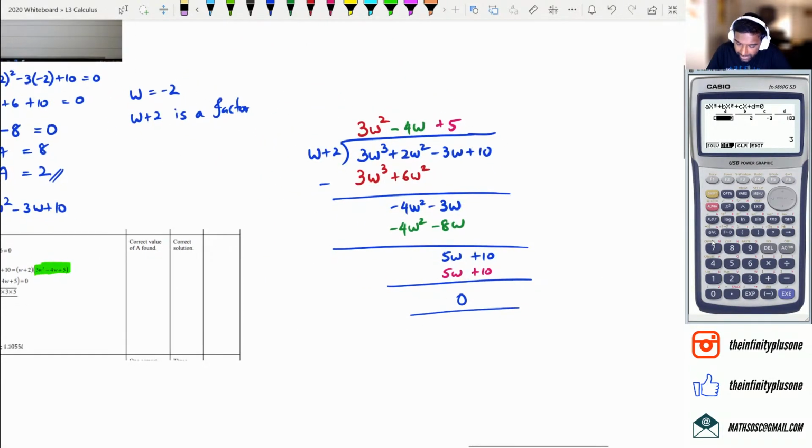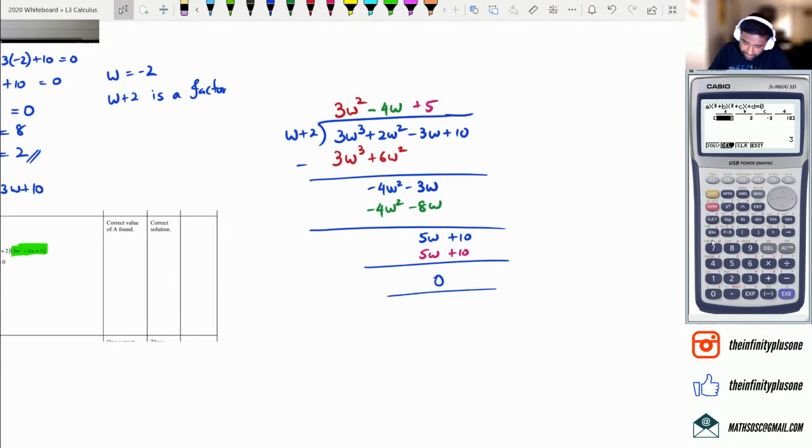Okay, as for this, we get 3w squared minus 4w plus 5. So we've got one of the factors like that. The other one is 3w squared minus 4w plus 5 is equal to 0.